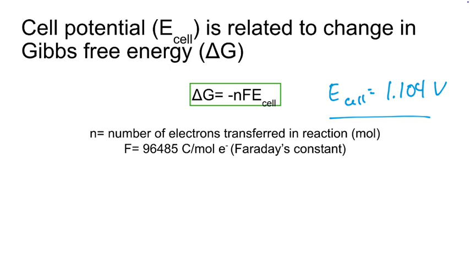The next part that we have to worry about is that we've got this N and this F floating around. The F is ultimately a conversion factor. Okay? It's Faraday's constant. We use that because if I take coulombs times volts, what do I get? I get joules.